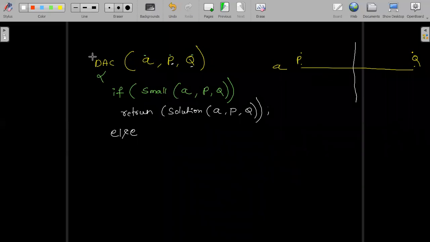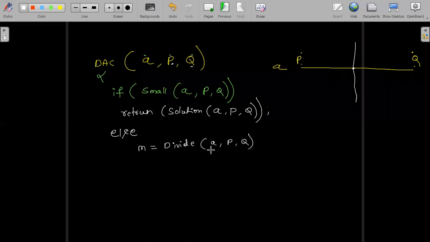If I want to divide, I need a function. So that is the reason why I am going to create one function. That function is m equal to, and I am taking m as the middle element. So middle is equal to divide(a, p, q).